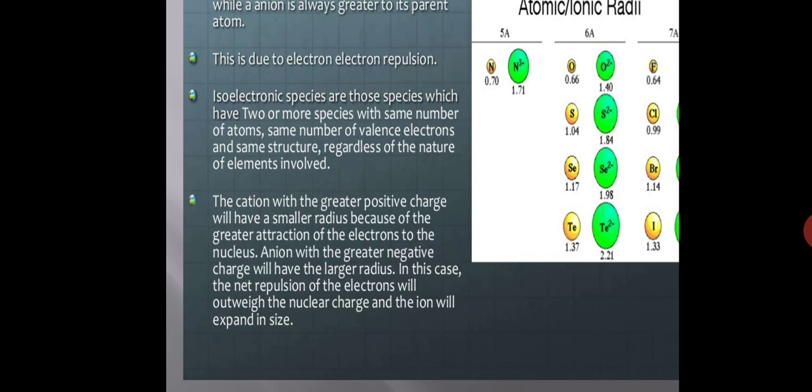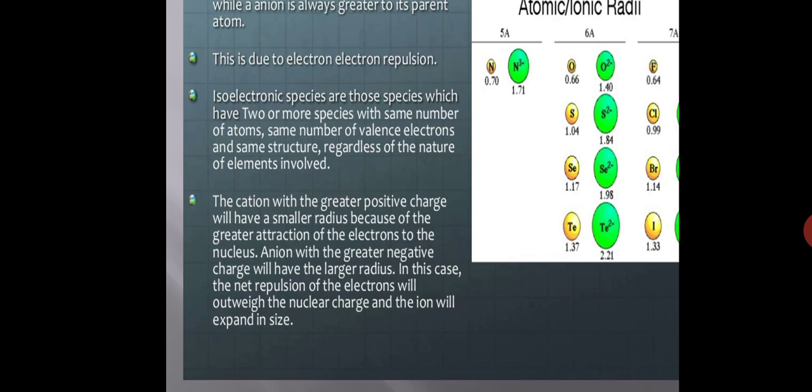So ions of different elements which have the same number of electrons but different magnitude of nuclear charge are called isoelectronic species. It may be a neutral species or an ionic species. So the species or ions of different elements having the same number of electrons but different magnitude of nuclear charge are called isoelectronic species.